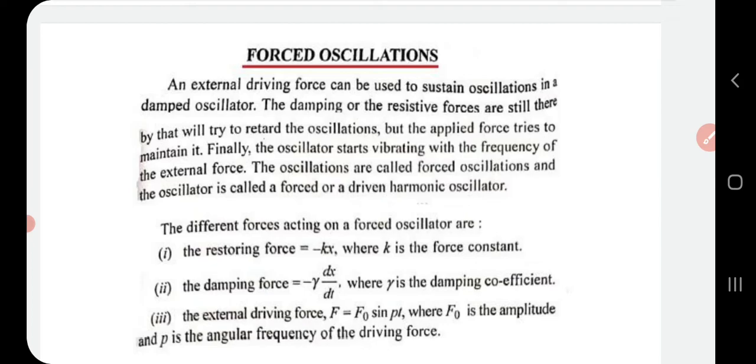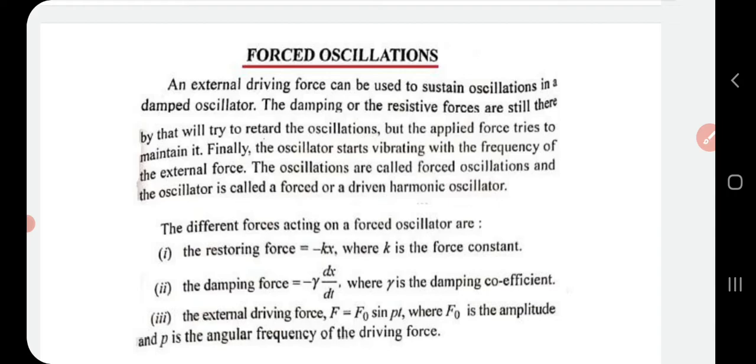Now, if you want to maintain oscillation, that is, once oscillation stops, what do you do? You apply an external force. Once you apply the external force, the oscillation which had stopped earlier will continue, but with the frequency of the external source.